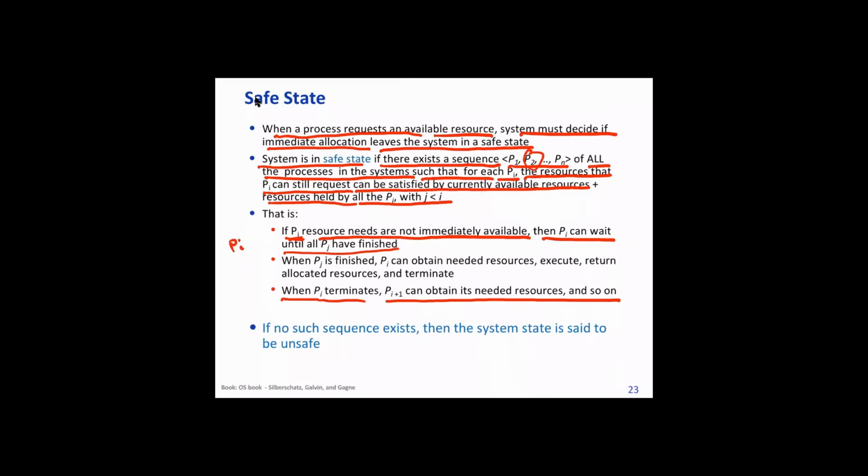Note that this is just one sequence. So the OS will look at whether any such sequence exists, then it will give resources only to a process which can release resources such that the needs of other processes can be met in a sequence. If no such sequence exists, then the system is said to be unsafe.